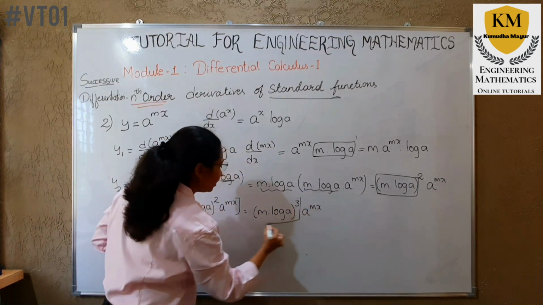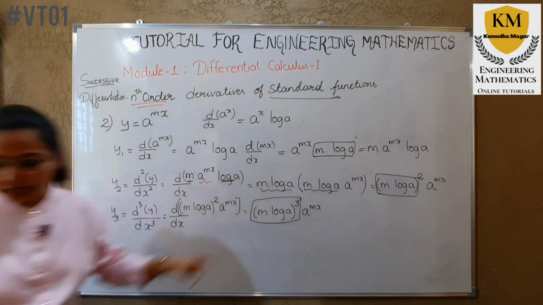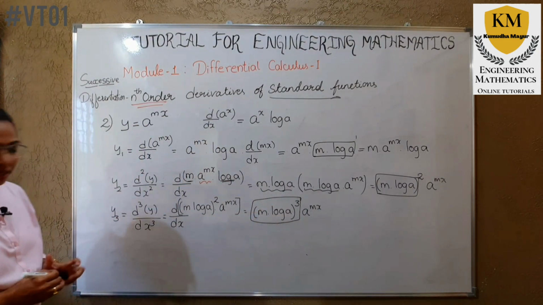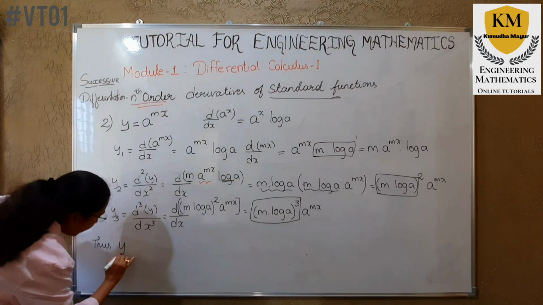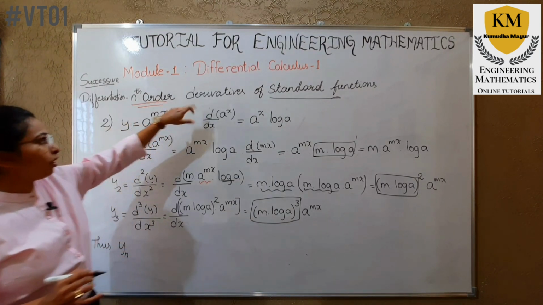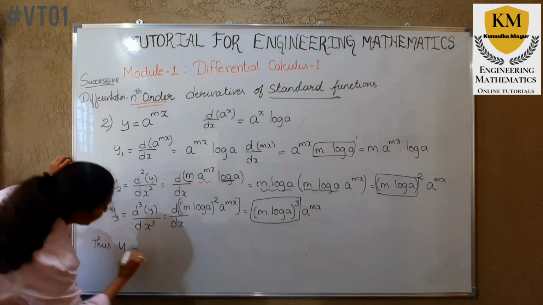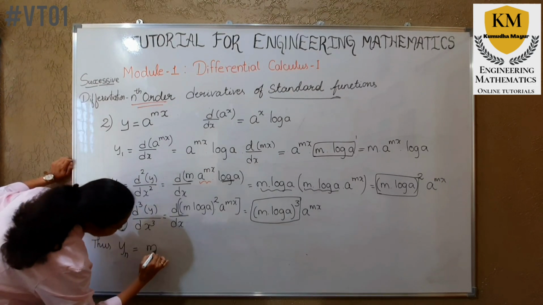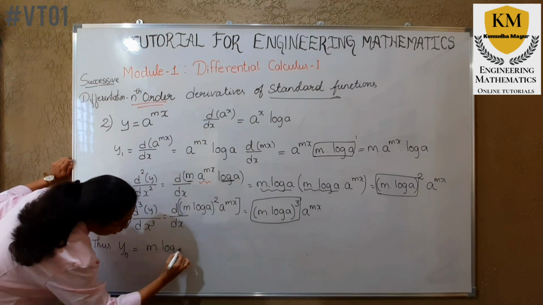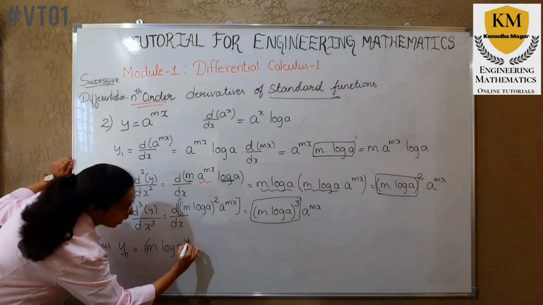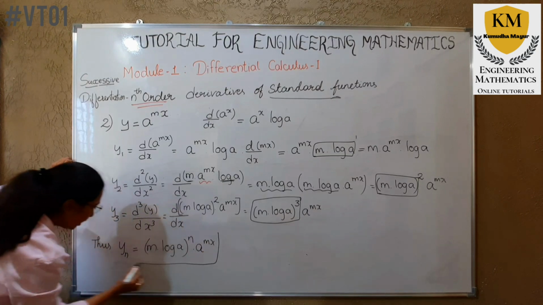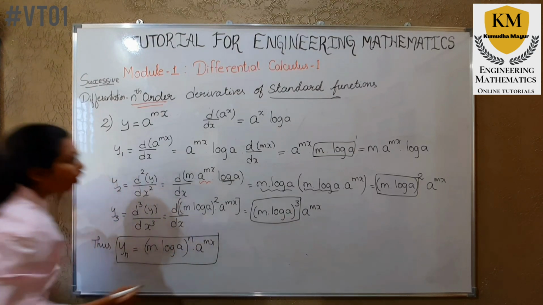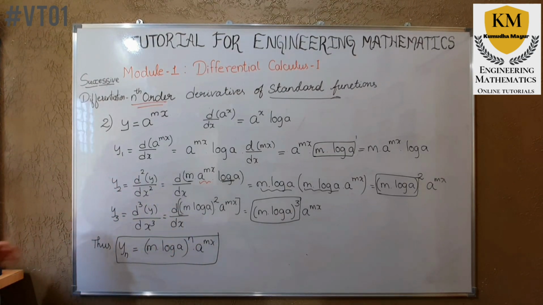You can observe in the third derivative the order is 3. So the nth order derivative yn is equal to (m log a) whole to the power n into a to the power mx. This is the second standard function nth order derivative.